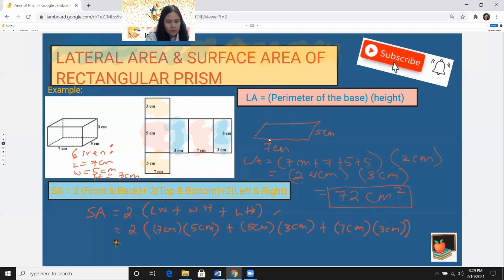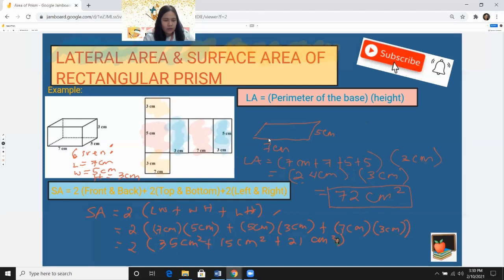We have 7 times 5 is 35. Oops, don't forget the unit of measurement, centimeters. So we have 35 centimeters squared plus 5 times 3, which is 15 centimeters squared. And then 7 times 3, we have 21 centimeters squared.